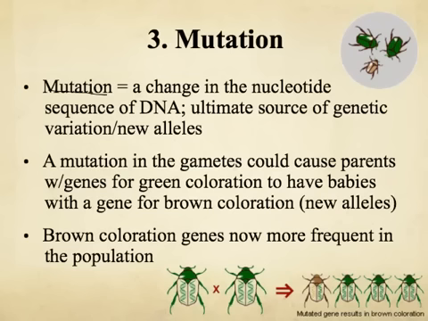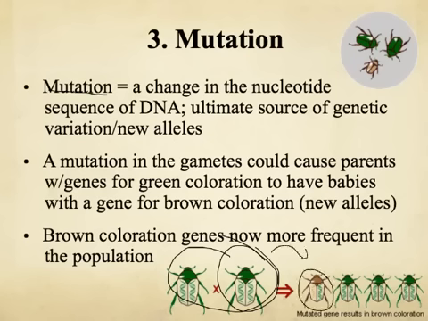So for example, if I had a green beetle population, and while this beetle had some eggs, in one of her eggs there was a mutation, so one of her eggs now had the gene for brown. Now I have one beetle that's brown in the population, so I'm changing the makeup of my population here. And as we know, mutations are the ultimate source of all genetic variation.